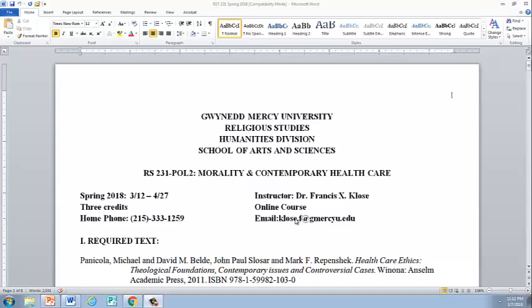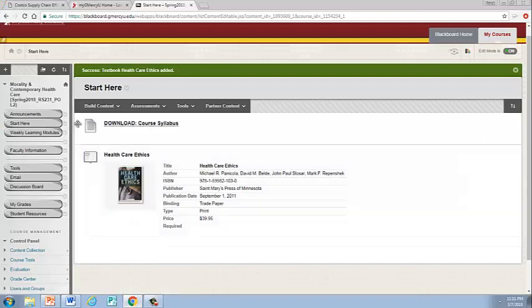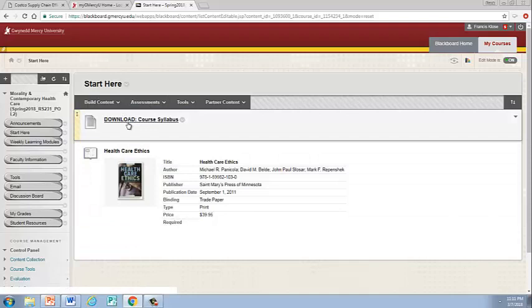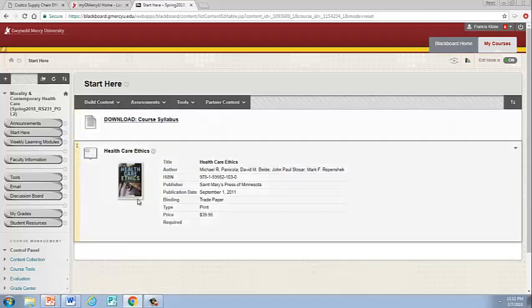So let's look first at our required textbook. I have a link to it here. It's called Healthcare Ethics, Theological Foundations, Contemporary Issues, and Controversial Cases. If you click on Start Here in the course, right under where you can download the syllabus, you'll see a link to the Healthcare Ethics textbook. It's got 4 authors, and it's from St. Mary's Press.